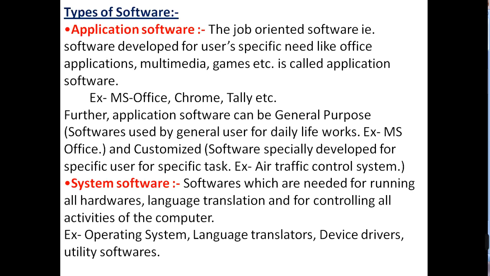Now come to our next type of software, that is system software. System softwares are needed for running all hardware, language translation and controlling every activity of the computer. You can say system softwares are responsible for proper functioning of the computer and every hardware.